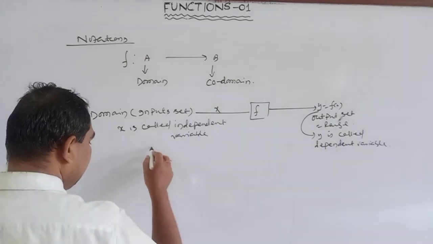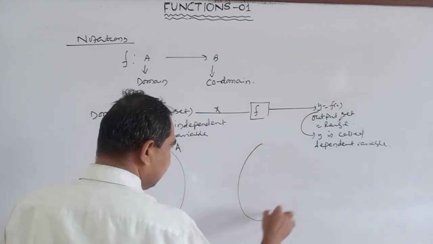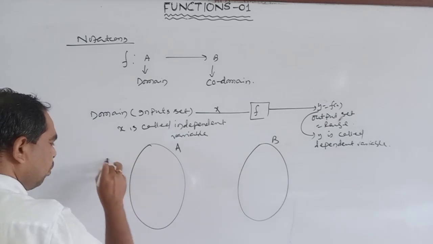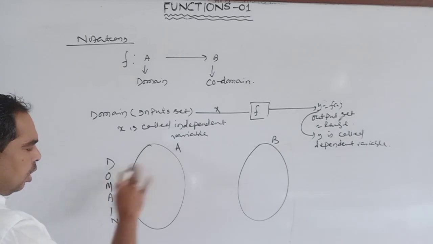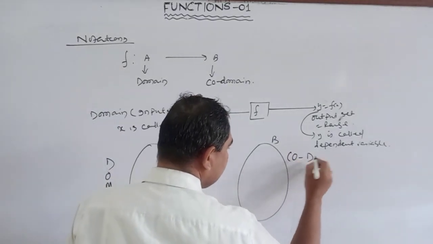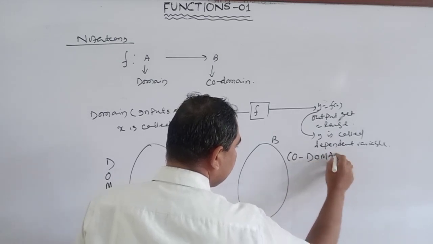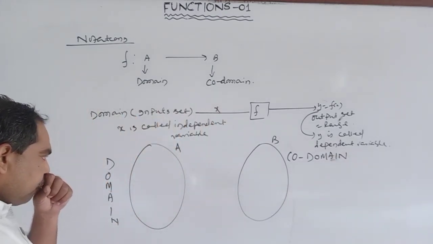This is set A and this is set B. A is called the domain set, and this is called the codomain.